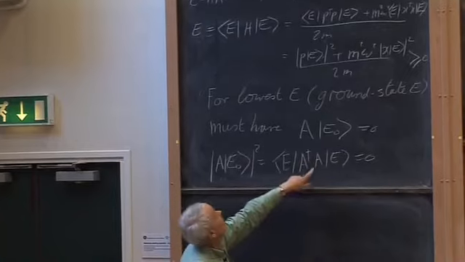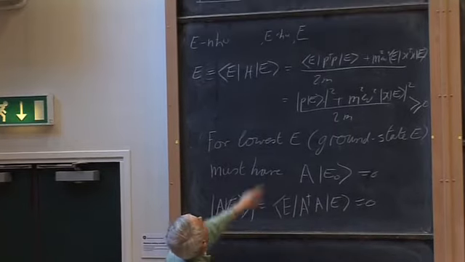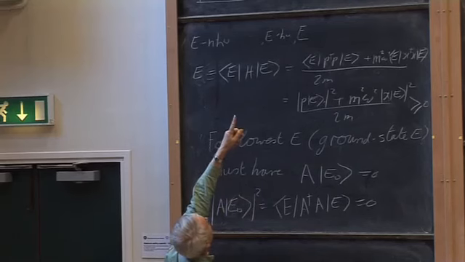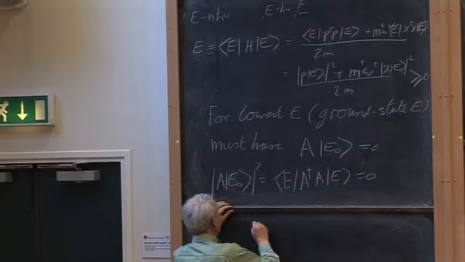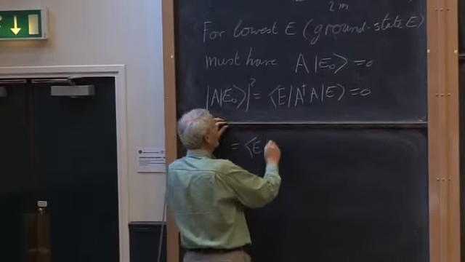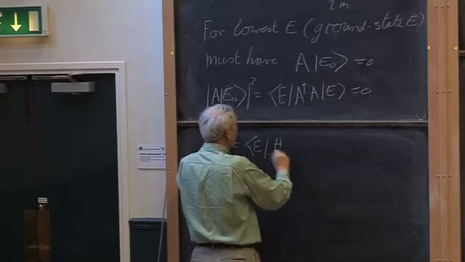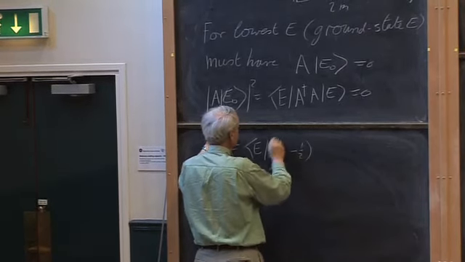But this thing, we have it somewhere up there. H is equal to A dagger A plus a half h bar omega. So this is the expectation value of H over h bar omega minus a half.